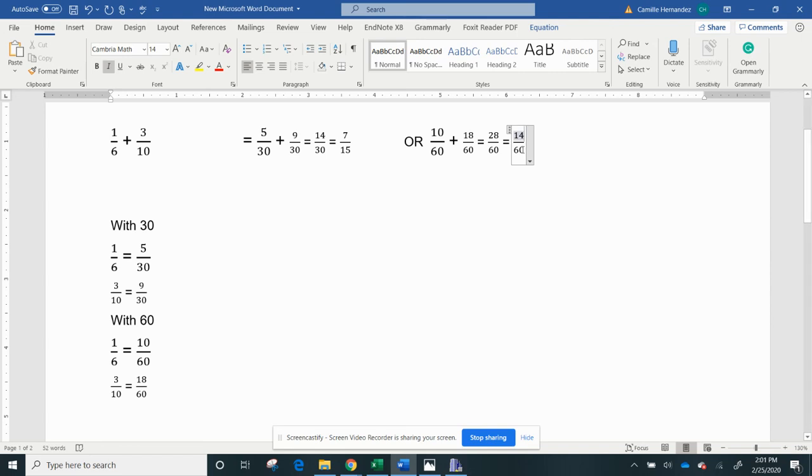And then 60 divided by 2 gives me 30, okay? All right, and I can reduce it one more time. So, and I'll show you. I'm going to do this over here, but I'm not going to fill it in yet. Okay. 14 divided by 2 gives me 7. 30 divided by 2 gives me 15.